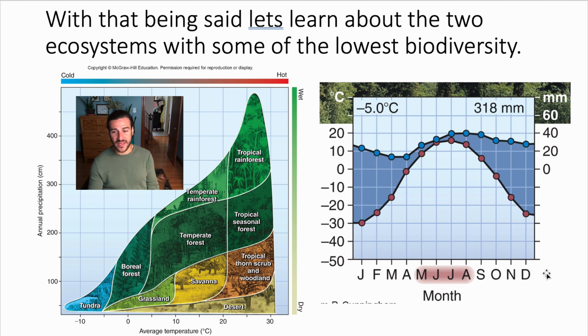The rest of the year is completely frozen. So there's just 4 months of plant growth. And we'll talk about some ecogeophysical interactions in just a bit. But think about that. Only 4 months of plant growth.